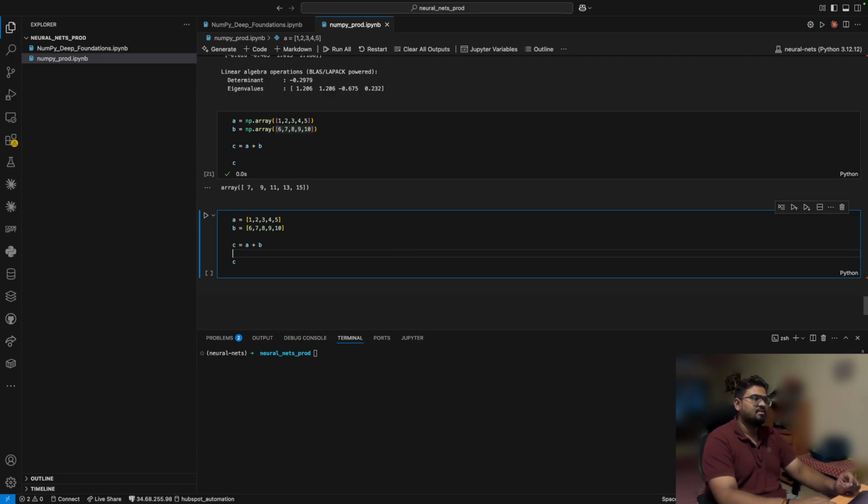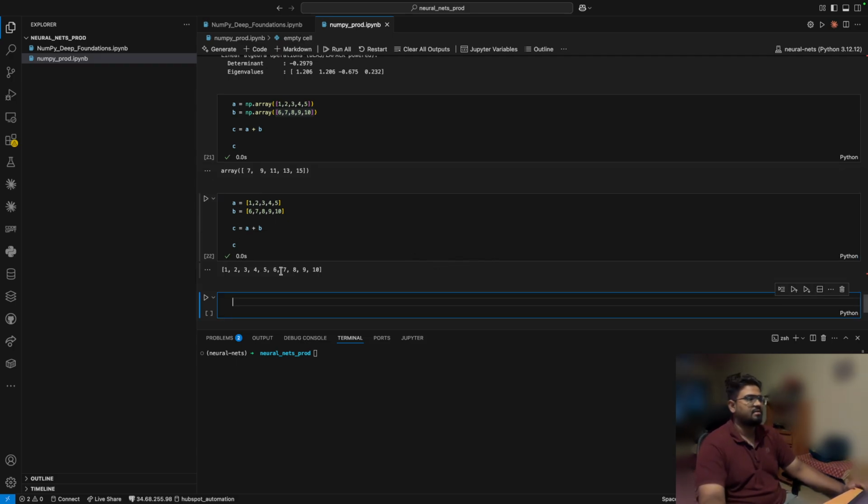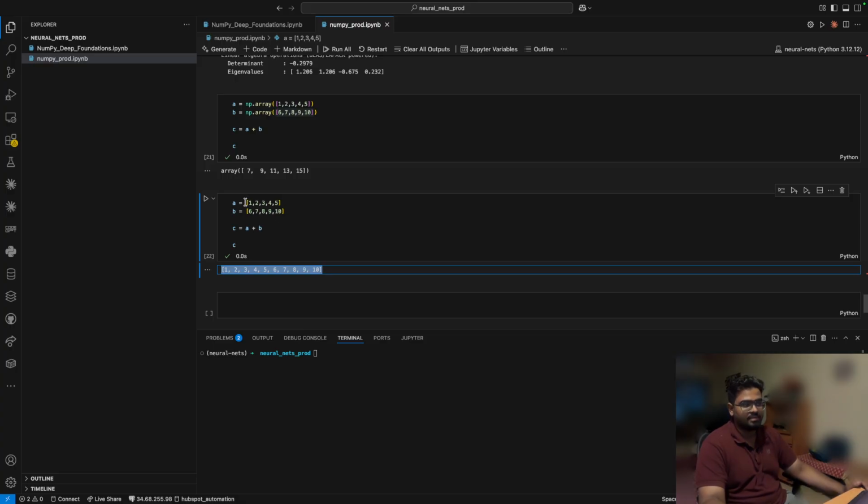This is a very weird thing in Python. Python does not perform any element wise operation on this, but rather it appends the B array to the A array, and you get an array which consists of all the elements present in A as well as B. So this is a weird way of Python behaving.